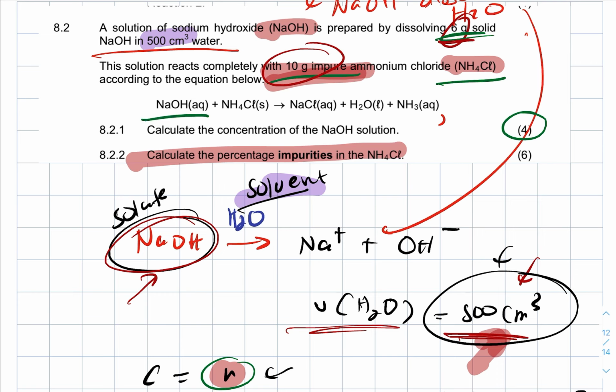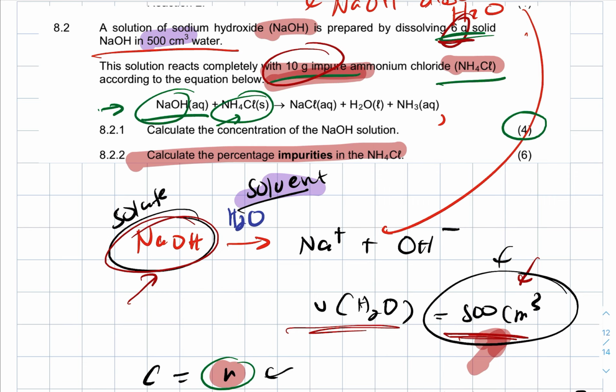So in order to find the mass, we need to find the number of moles of ammonium chloride that reacted with sodium hydroxide. So if we have the mole of sodium hydroxide, we're going to get the mole of what? Ammonium chloride. What are the mole of sodium hydroxide that reacted with the mole of ammonium chloride?